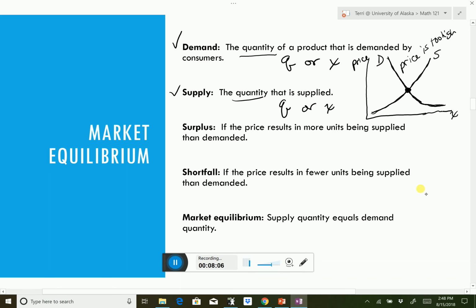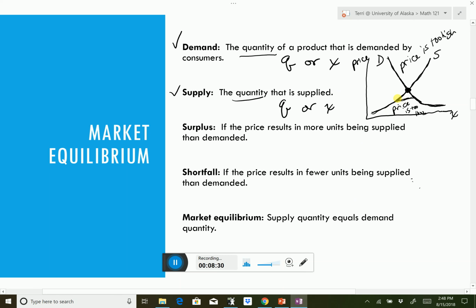Then we have a shortfall if there's fewer units being supplied than demanded. So that's happening when the price is too low. So if your price is too low, you don't have enough of something, price starts going up, right? Here, like here, what would happen?